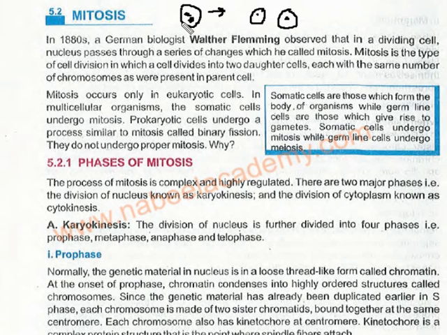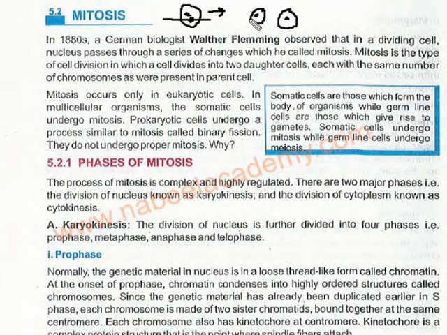When this cell divides into two, what happens to the nuclear matter? It also divides. One goes over here and the other goes over here. So now both newly formed daughter cells have the nuclear material but in half.